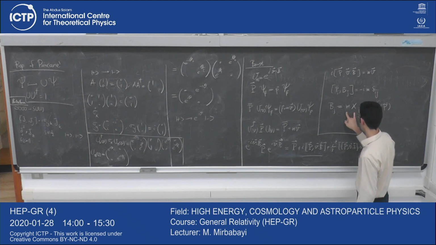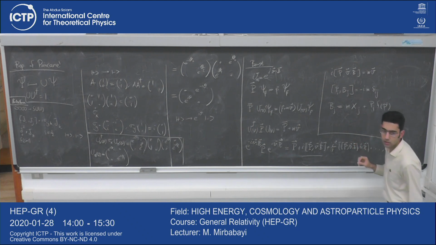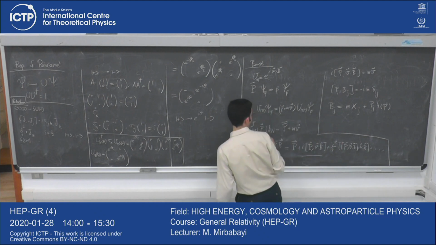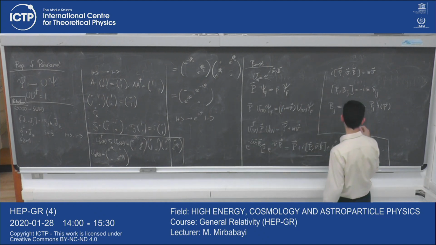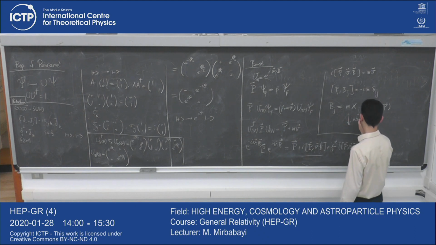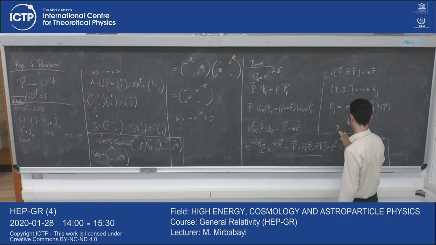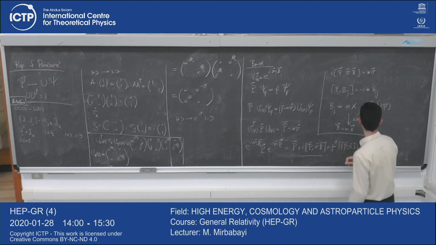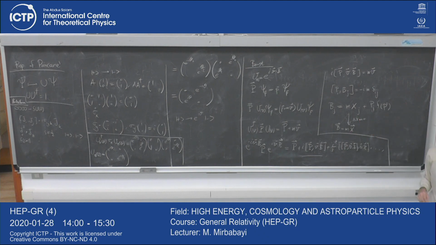And then I get just m times x_j. Any questions?